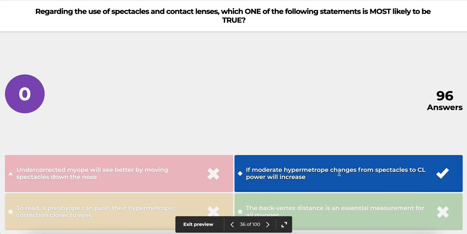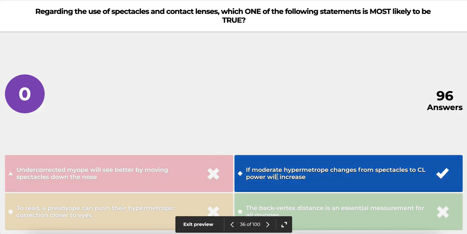This is correct, because the hypermetrope, in order to gain a magnifying effect, for example to read in presbyopia, will push the hypermetropic lenses down their nose, because this will increase the effectiveness of the lens, or increase the magnification. And what happens when we do the reverse?